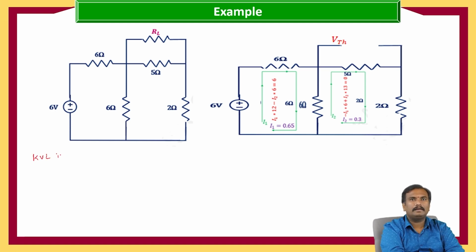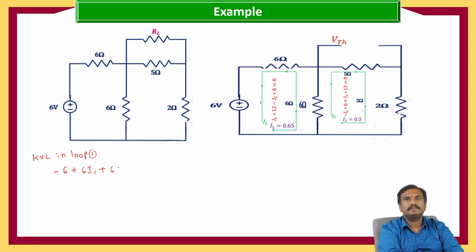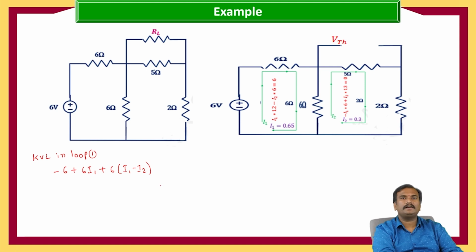KVL in loop 1. Here I1 is entering the negative terminal of the voltage source. So minus 6 plus 6 into I1, only one current is flowing, plus 6 into (I1 minus I2), because we are considering that whatever loop current has higher magnitude, that is equal to 0.